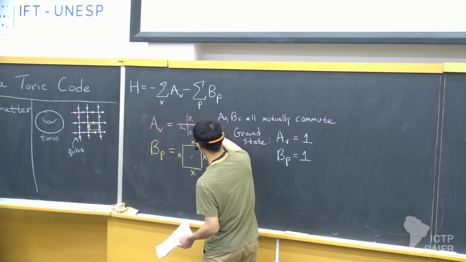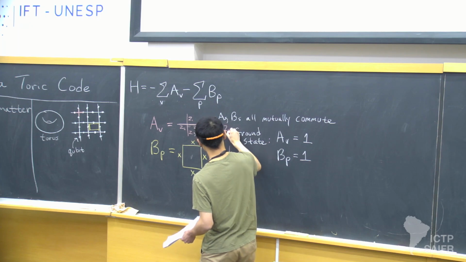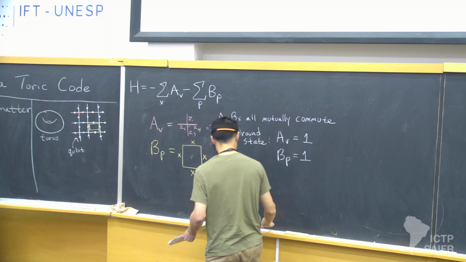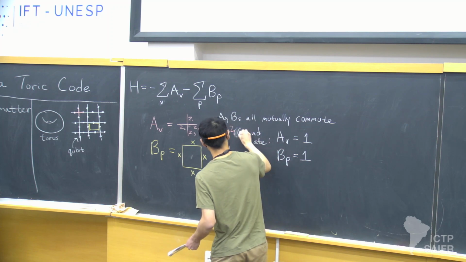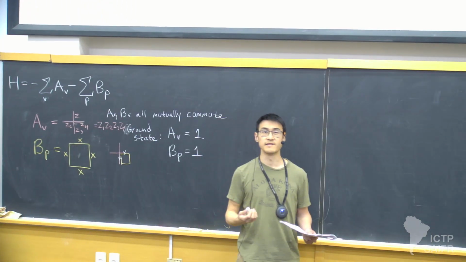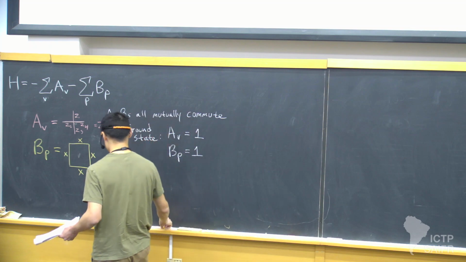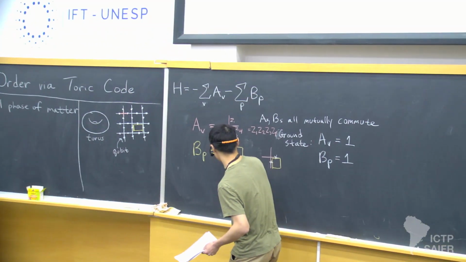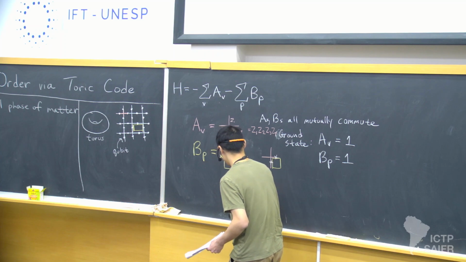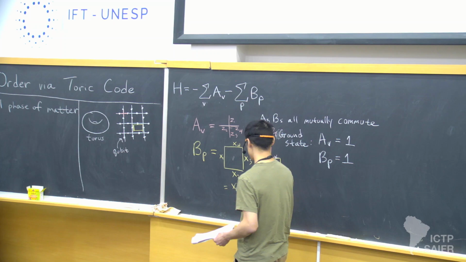Then A_V is just defined as the product Z1 Z2 Z3 Z4. It's a product of 4 Z operators. That's what A is. And B is a product of X1, X2, X3, X4. That's what I mean by this picture. Sorry, I should have been more explicit.